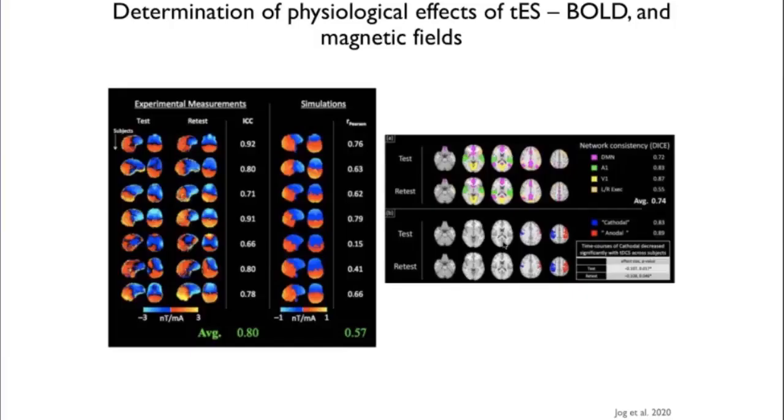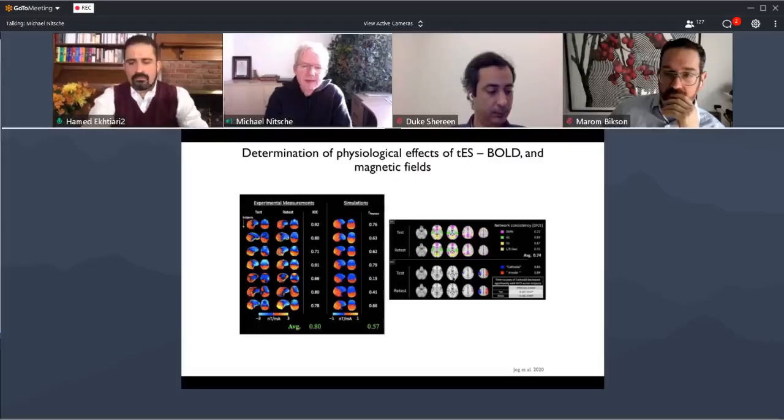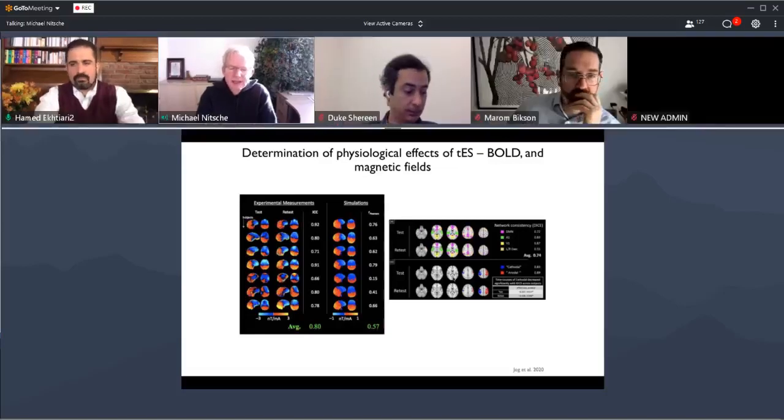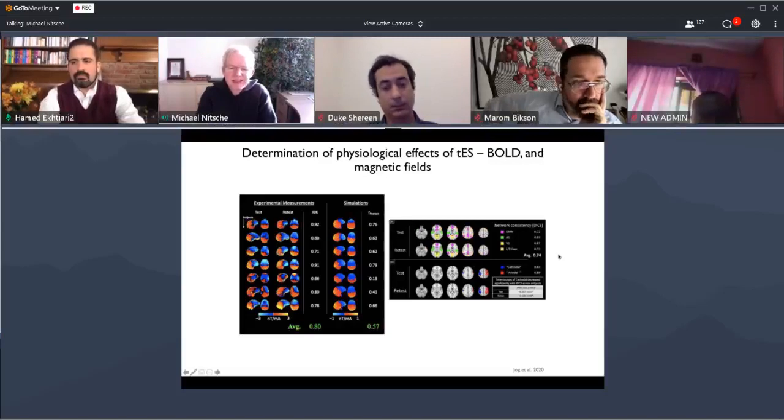That's during stimulation, the right side. You can see that they not only showed relatively consistent functional networks and retest reliability, but also that for cathodal tDCS over the primary motor cortex, there was a reduction of BOLD activity, and this was relatively stable over sessions.